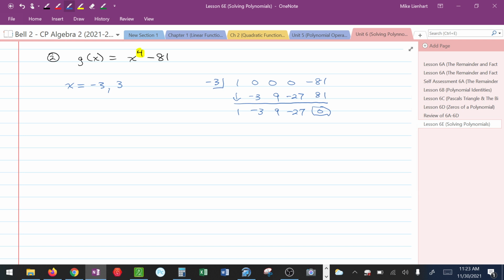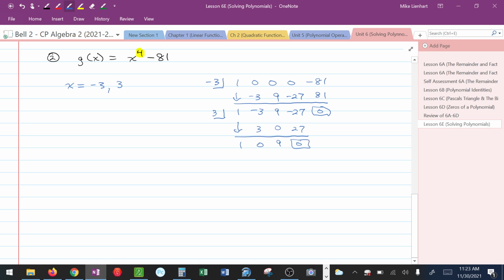I've confirmed it now. Now I'm going to take the second one out from this line that I just created. So I'm going to do synthetics again, but now with 3. It gives me 1, 3, 0, 0, 9, 27. And again, I better get a 0 there.